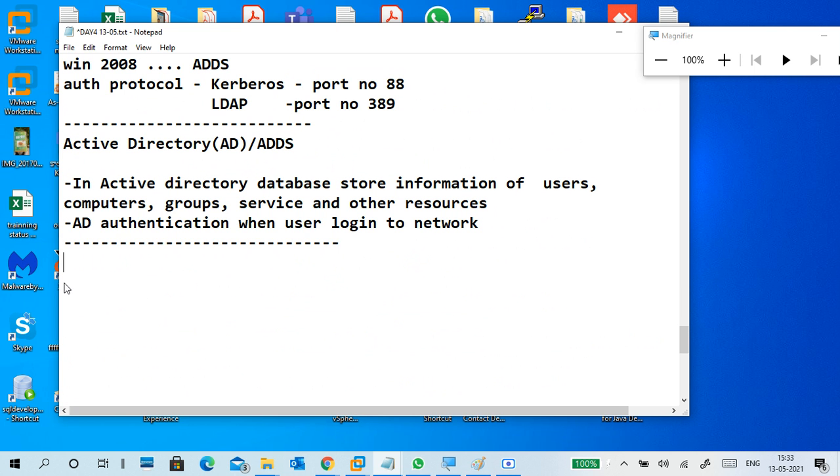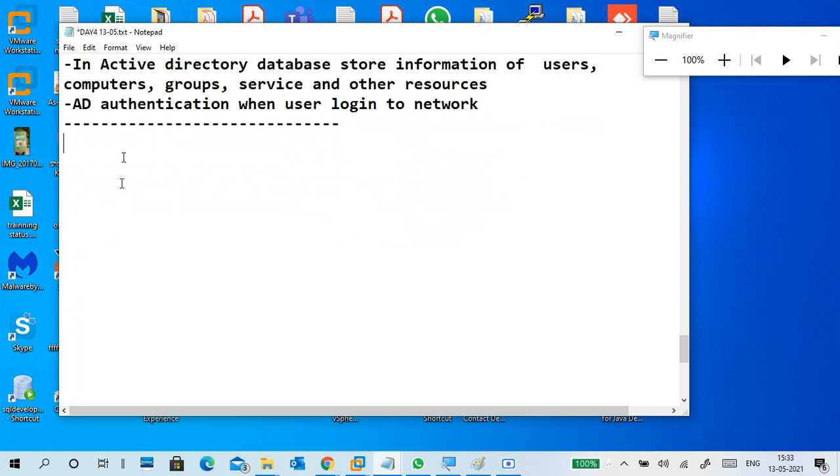This is about your Active Directory. Now we are going to do some practical. I want to create a domain. So, domain infrastructure, right? What is this domain and how is it?